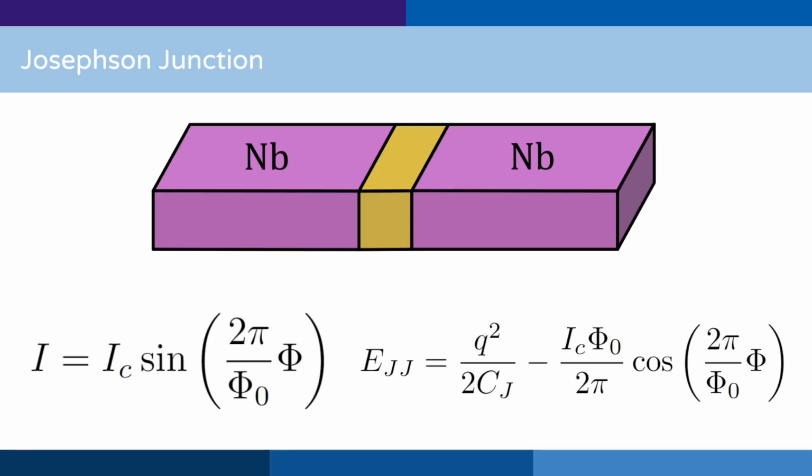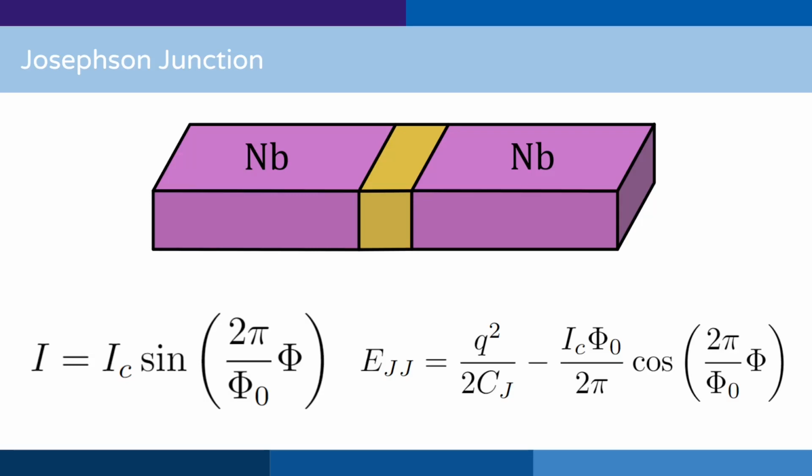Okay, that's perfect. Let's now introduce a new device, that is the Josephson junction. And the Josephson junction is pretty simple in some sense. We are not going deep into the theory behind this, but this is just a superconductor-insulator-superconductor device.